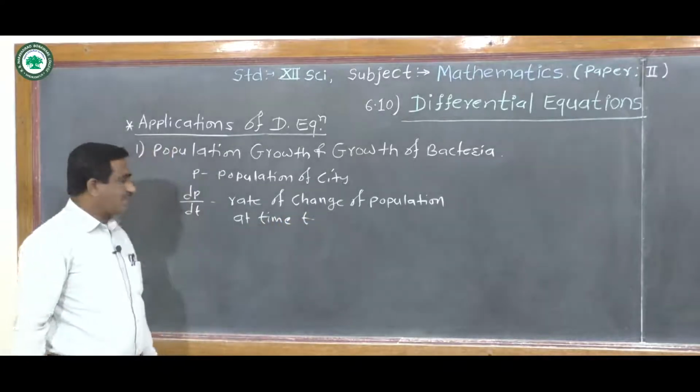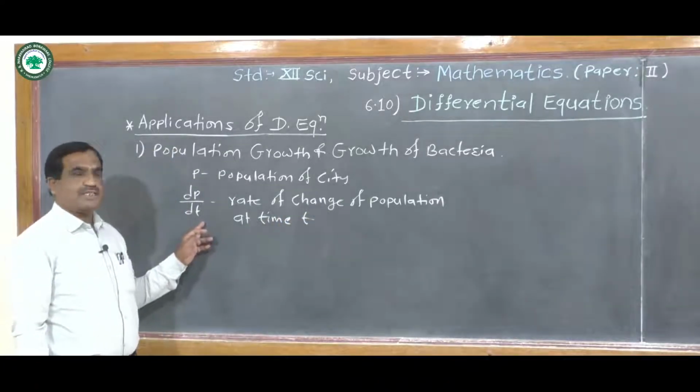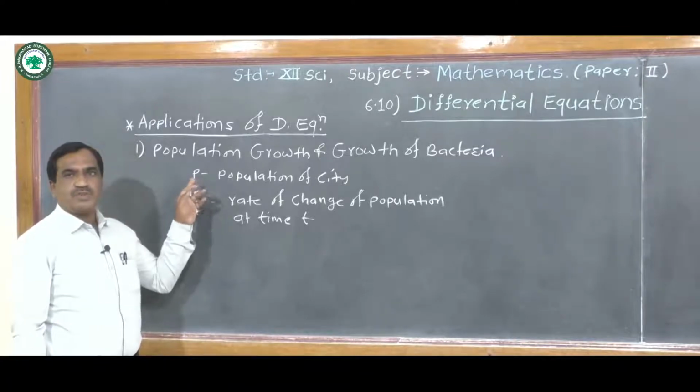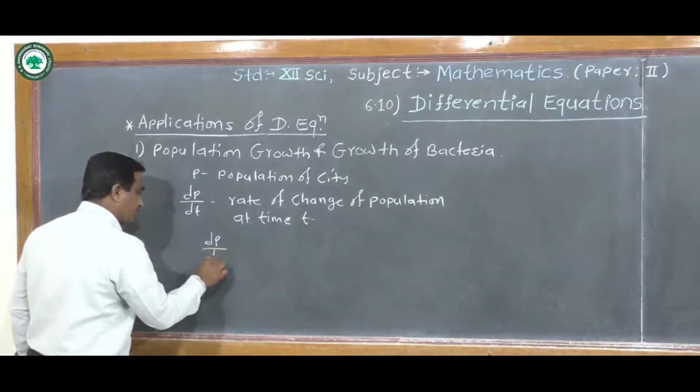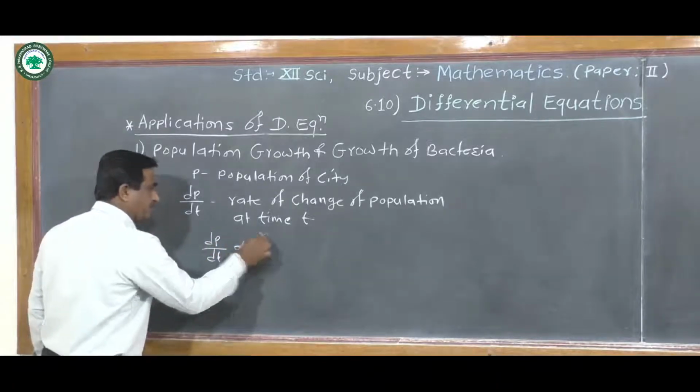Now growth law says that this rate of change of population is proportional to the population of the city at that time, that is, dP by dt is proportional to P.